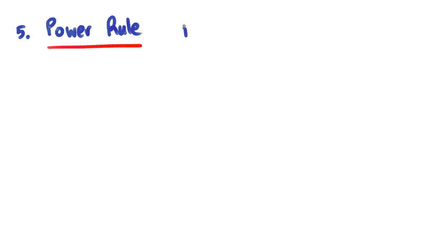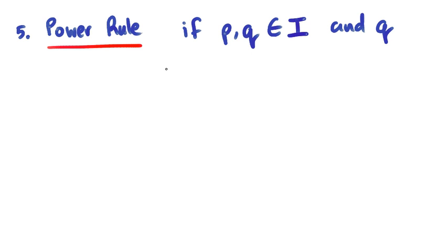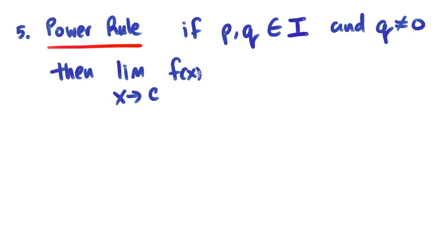And the power rule states if p and q belong to the set of integers and q doesn't equal 0, then the limit as x approaches c of f of x, all raised to the power p over q, exists.